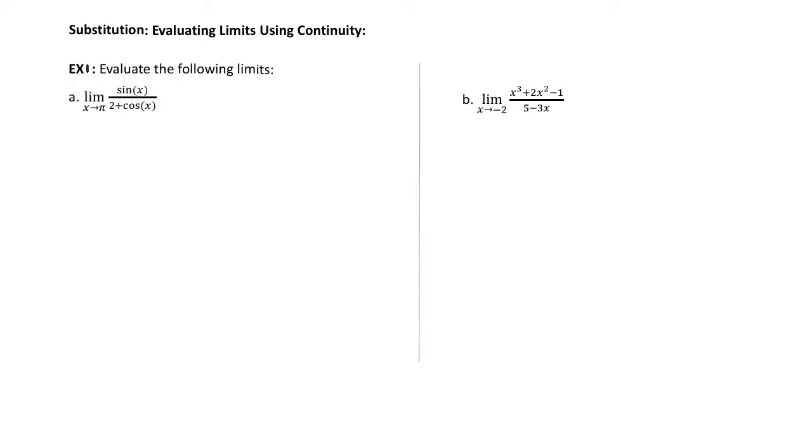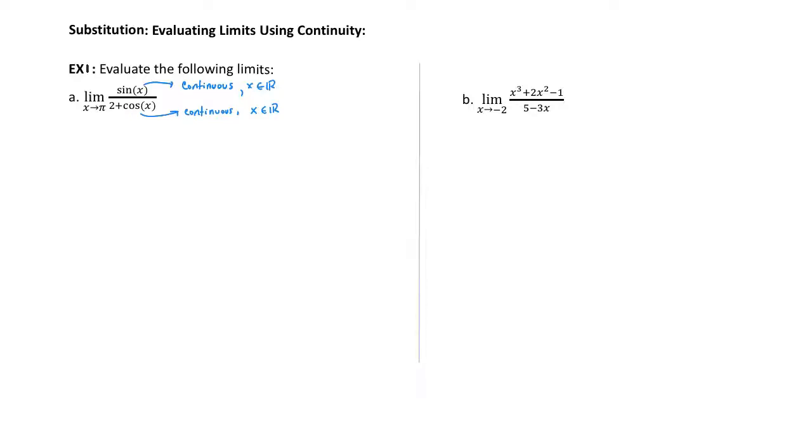So that's not a problem. So I'm going to write over here that sine x is always continuous for all x in R. And then 2 plus cosine of x, also always continuous for all x in R.